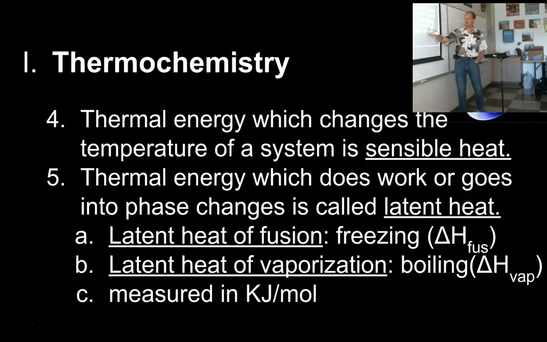And we would express that as delta H. Delta means change in. So change in enthalpy, change in the total amount of heat available in that system. Change of heat, and then we put FUS at the bottom as a subscript to represent heat of fusion. So this is the energy that it takes to melt something, or backwards, it's the amount of energy given off when something freezes.